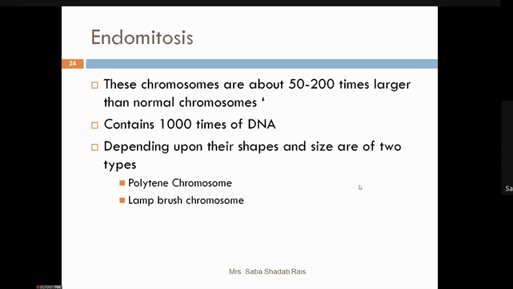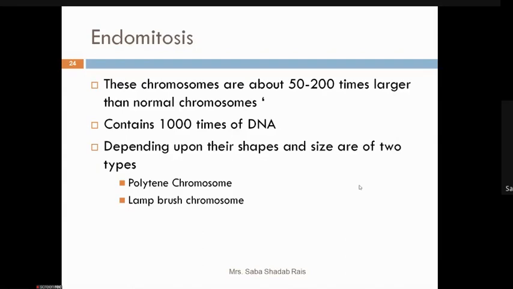So endomitosis happens, and it forms two types of chromosomes, which we are going to learn in detail: the Polytene chromosome and the Lampbrush chromosome. We are going to study how they were discovered and what their structure is, and thereafter we will talk about its significance.